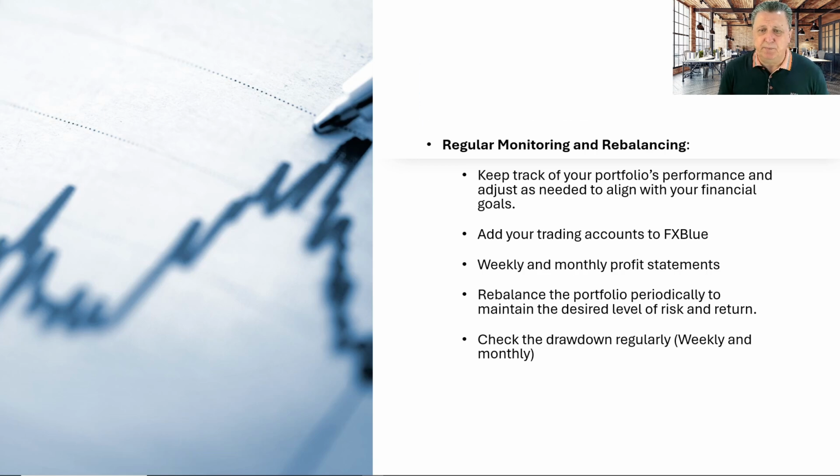And then you have to rebalance the portfolio periodically, also to make sure that you have the desired level of risk and return. So if you have again some EAs that are coming in and delivering a high profit, obviously you want to keep them. The ones that are falling behind or getting into high drawdown, you want to remove them and see if you have other currency pairs in here that you can basically switch them out with.